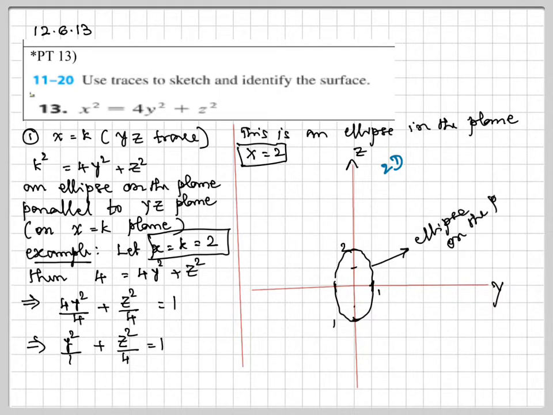The traces are all in two-dimensional planes, parallel to the coordinate planes. So, an ellipse on the plane x equals 2. This is the same when x equals negative 2 also. So on either side of the x-axis, you have an ellipse parallel to the yz plane.